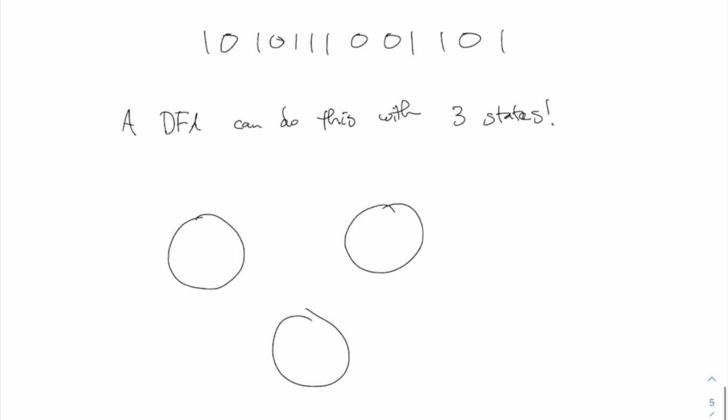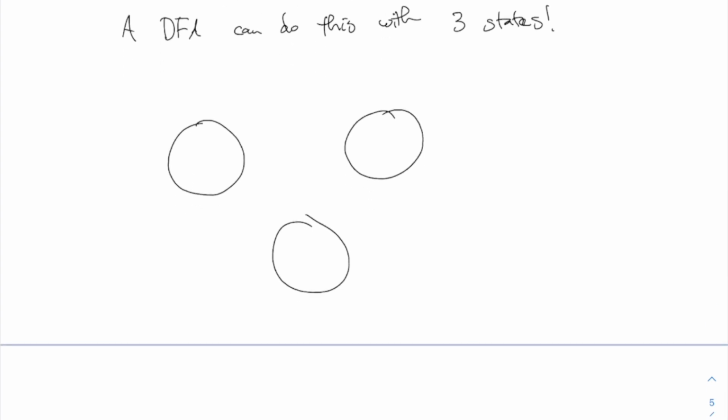And so my three states are going to be like this. Hopefully this is language you've seen before. x equals 0 mod 3, or x equals 1 mod 3, or x equals 2 mod 3. This mod business means what's the remainder when you divide by 3. Another way of thinking about it is: is it actually divisible by 3, or is it 1 more than a multiple of 3, or 2 more than a multiple of 3? Those are the only options.